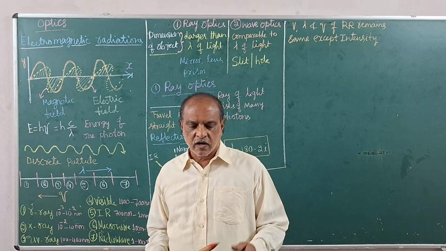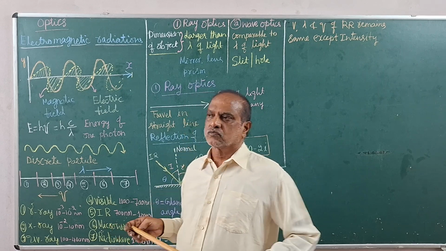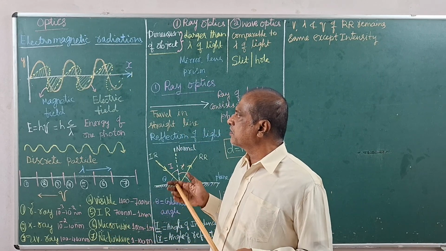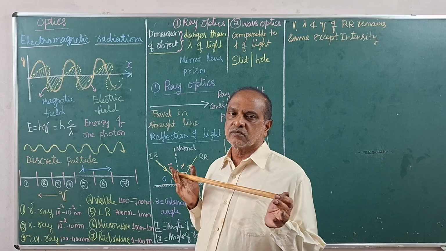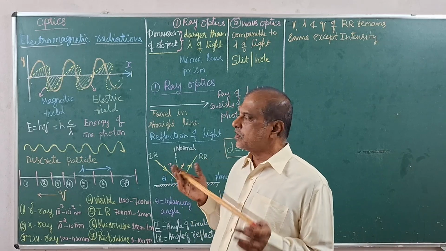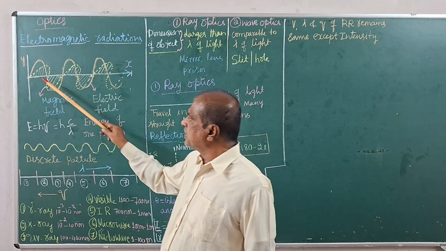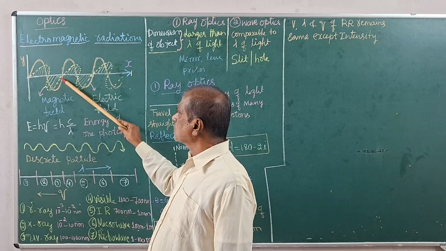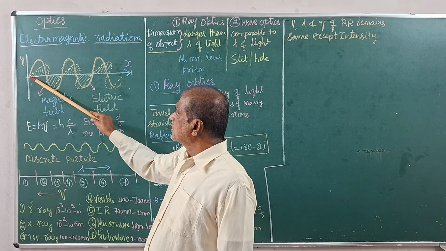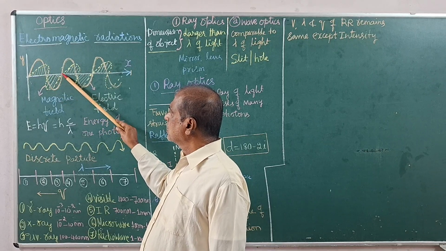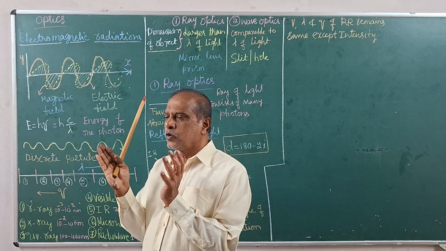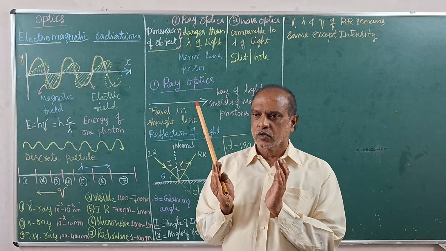They travel at the speed of light. The electric field oscillation and the magnetic field oscillation, each a sinusoidal wave, are always coupled together, which is very important.